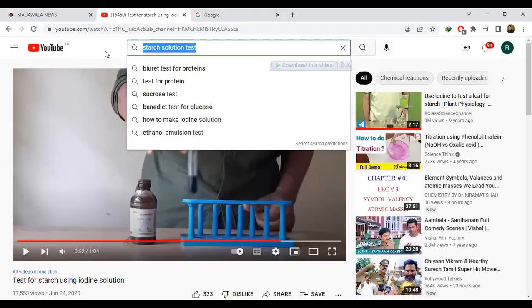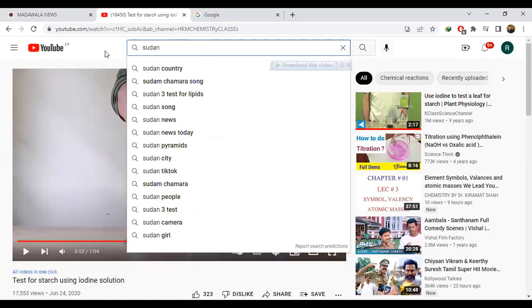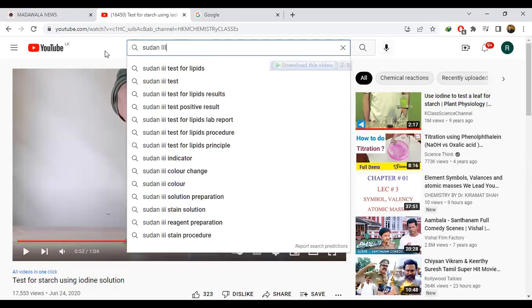To find out lipids, we have a simple experiment. It is called the Sudan 3 test. What is the name of the test? Sudan 3 test.